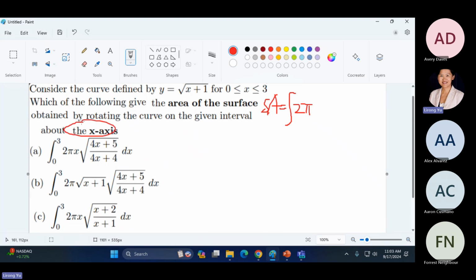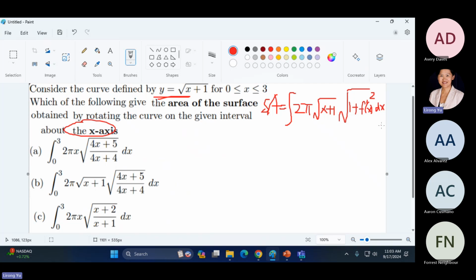Rotating about the x-axis, so it's the y, that's the radius. So it's 2 pi root of x plus 1, and then root of 1 plus the derivative of the function squared dx.